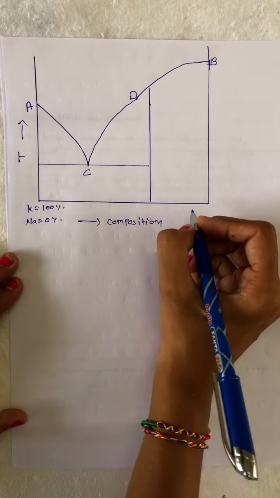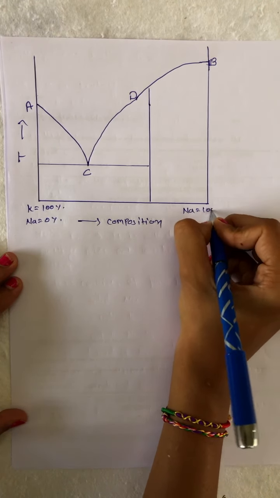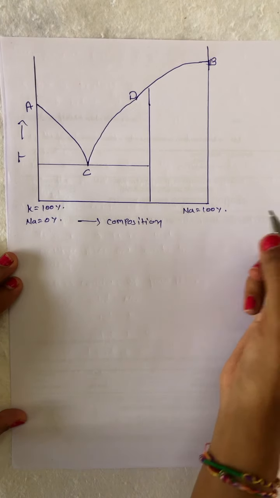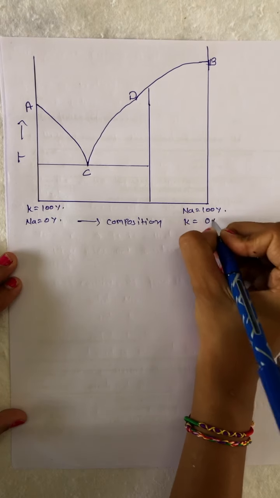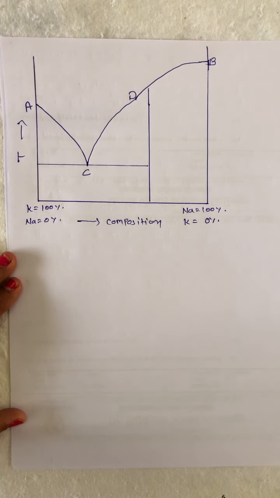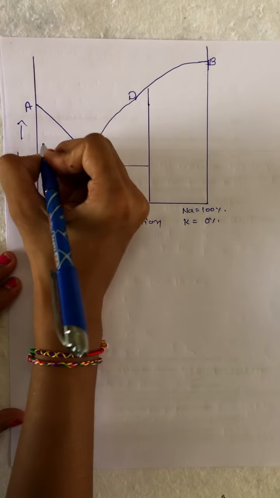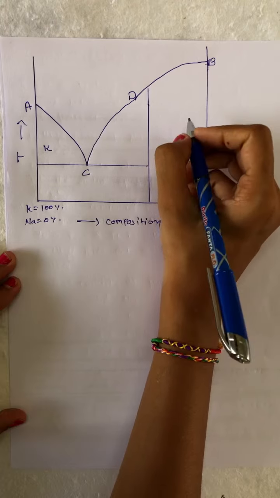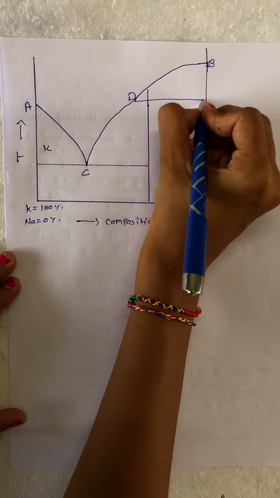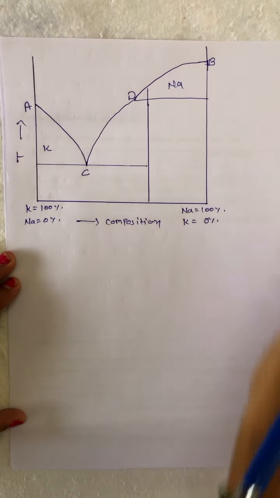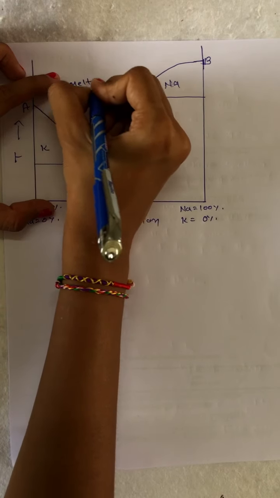On the right side, Na is 100% and K is 0%, right? So here we're gonna take K, and here we can draw a line. Here we're gonna take an A, and here melt, right?